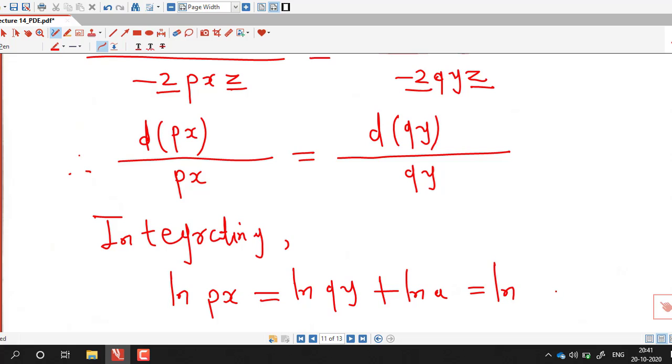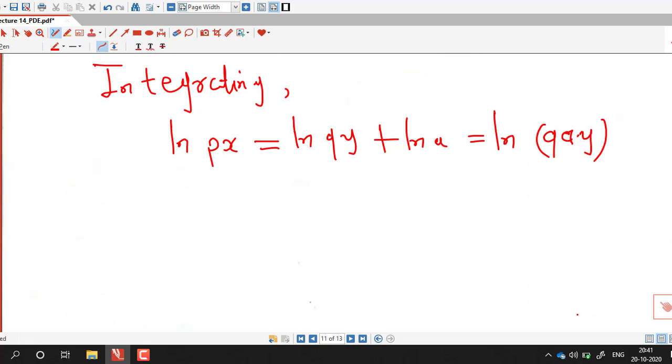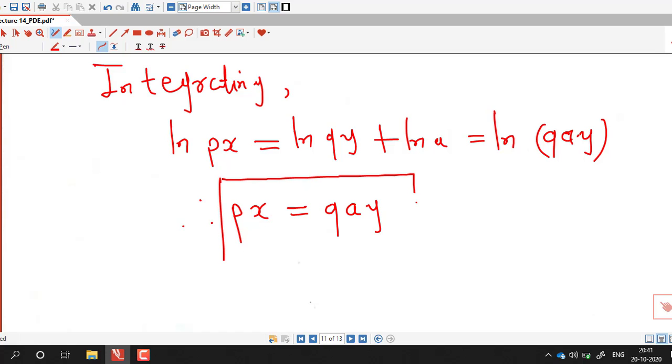This, using the property of logarithm, I write as q into a into y. And because log is 1 function, I obtain p into x equal to q into a into y. So this is the relationship between p and q. Okay, we give this number 3.